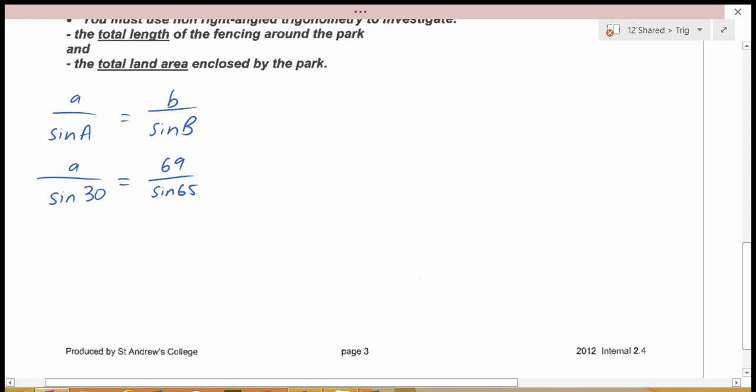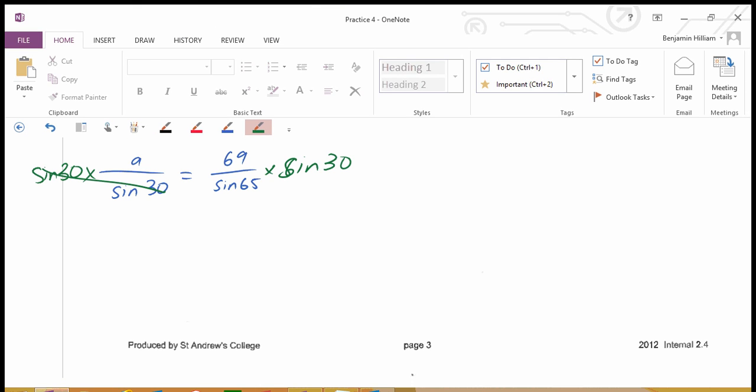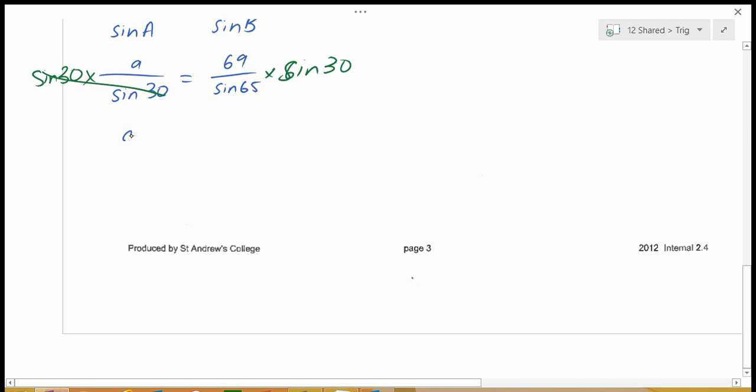First step of working: multiply both sides by sine 30 so that they cancel out on the left hand side. So we have A equals 69 times sine 30 divided by sine 65.